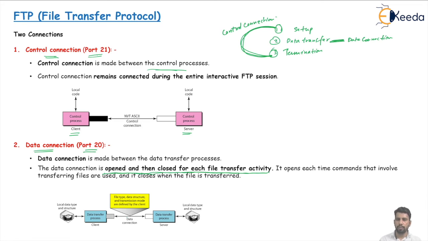When you have completed the transfer of files or have no more data to transfer, the control connection will be terminated. And here we need to maintain things related to file type, data structure and transmission modes, which come into the picture when we are transmitting data.